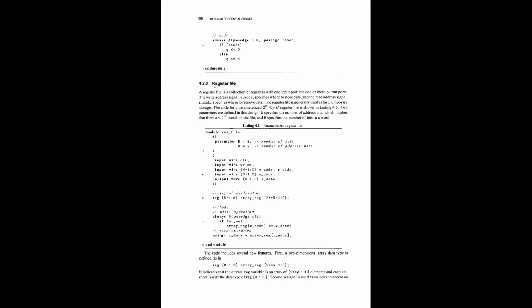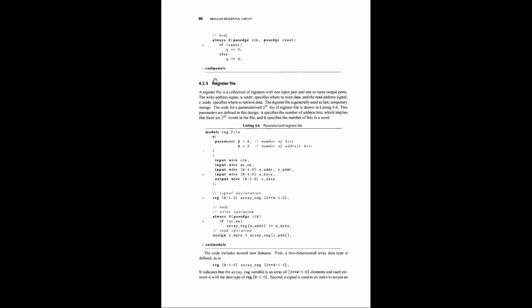If you talk about a 4-bit register, it is a collection of flip-flops with a common clock. A single flip-flop can store a single bit of data, and if you want to store more than one bit, you need more than one flip-flop. If you want to store 8 bits of data, you need an 8-bit register.